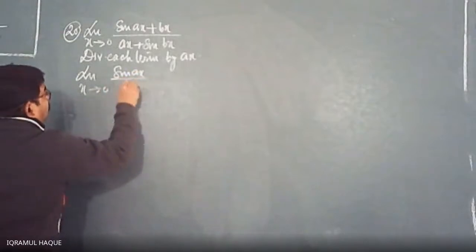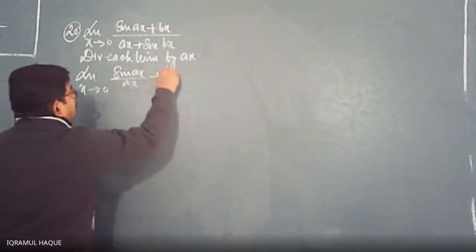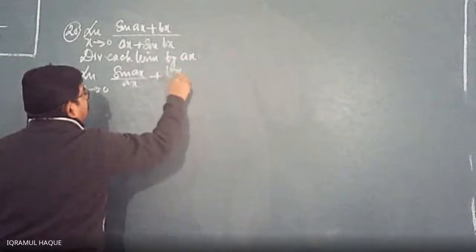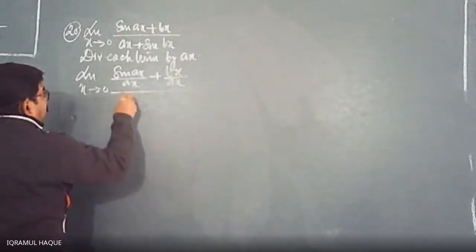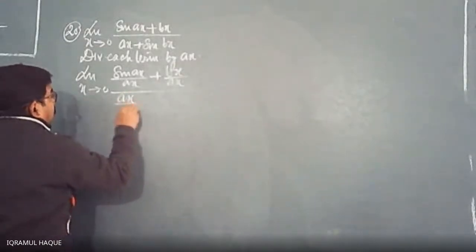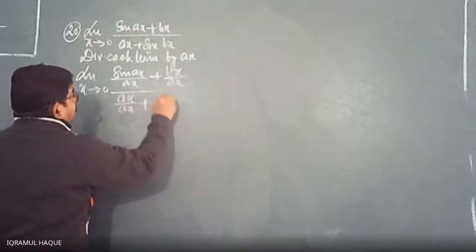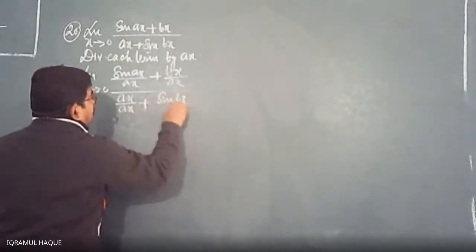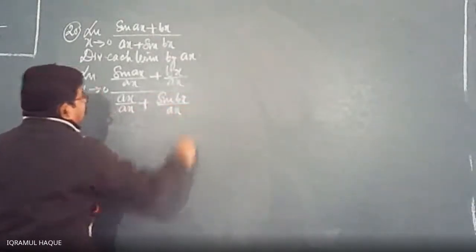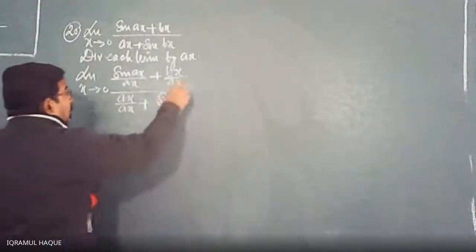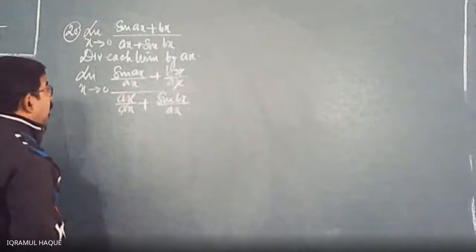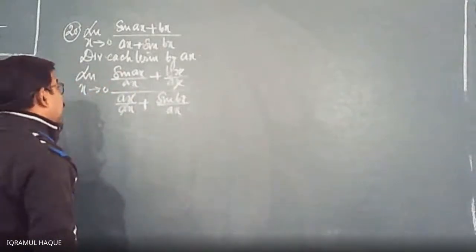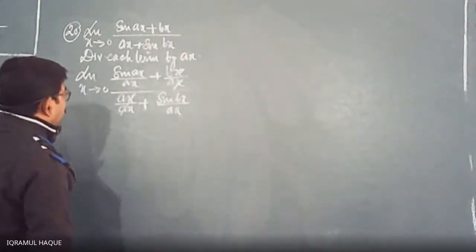sin ax upon ax plus bx upon ax upon ax upon ax plus sin bx upon ax. Here x and x will go. Here ax will go. Separate the limit. So what we have?